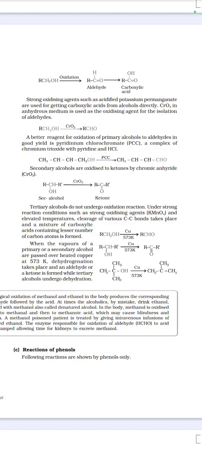When the vapors of a primary or secondary alcohol are passed over heated copper at 573 Kelvin, dehydrogenation takes place and the aldehyde or ketone is formed, while tertiary alcohols undergo dehydration.